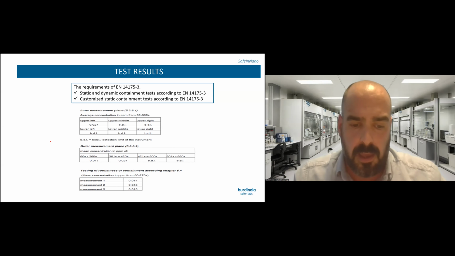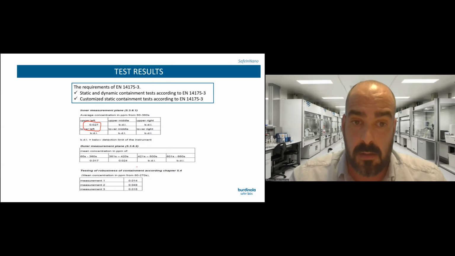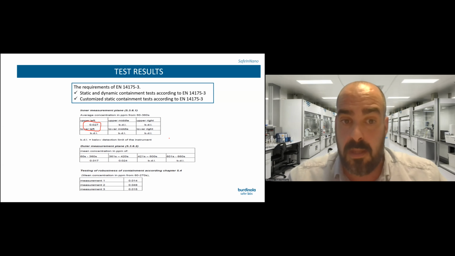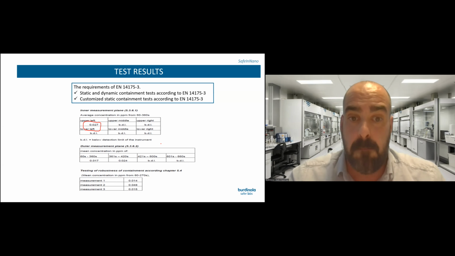The limit for the conventional fume hood is 0.63 ppm, and here, in the worst case, we have improved that measure quite well, obtaining 0.027 ppm detected outside in one point.